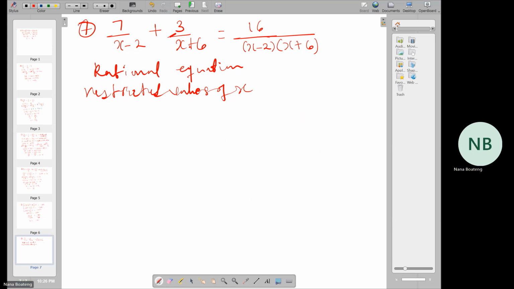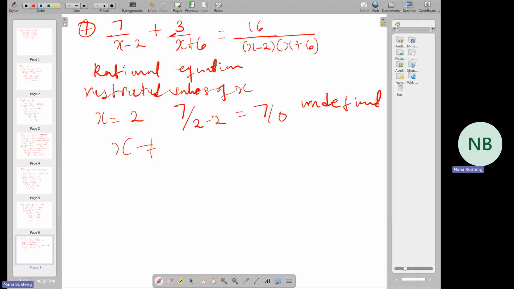We can see that in the first term, if x is equal to 2, then we would have 7 divided by 2 minus 2, which is 7 divided by 0, and this is undefined. So x cannot be equal to 2. So 2 is a restricted value for x.